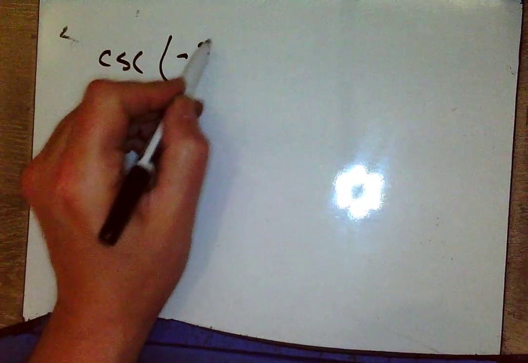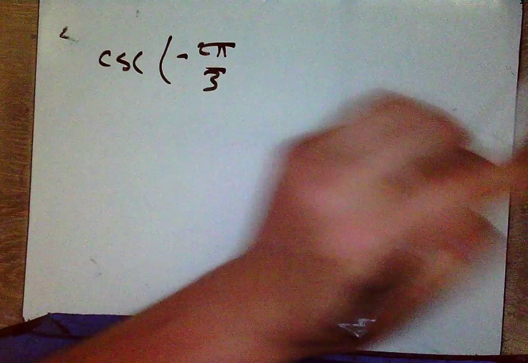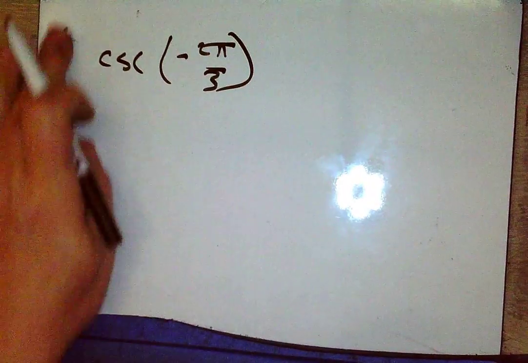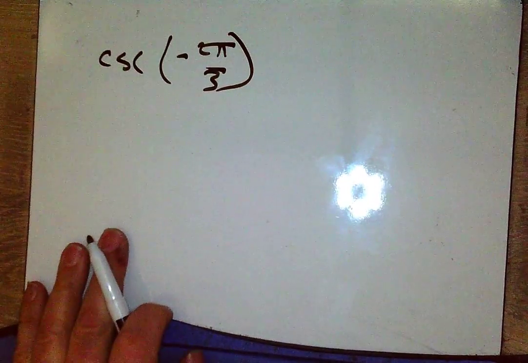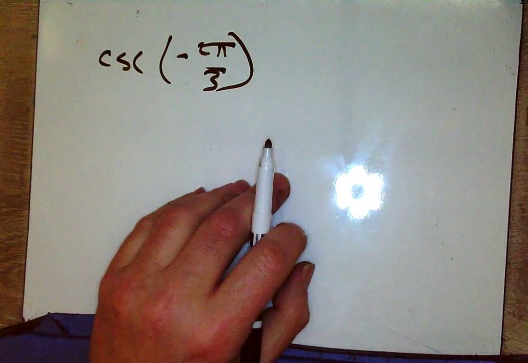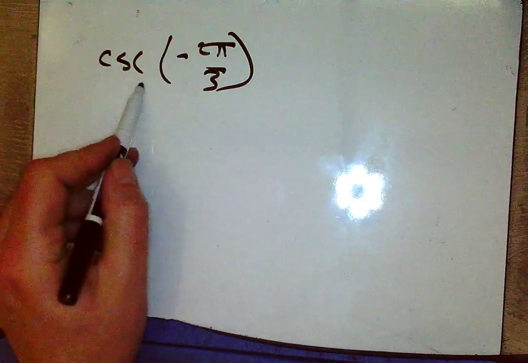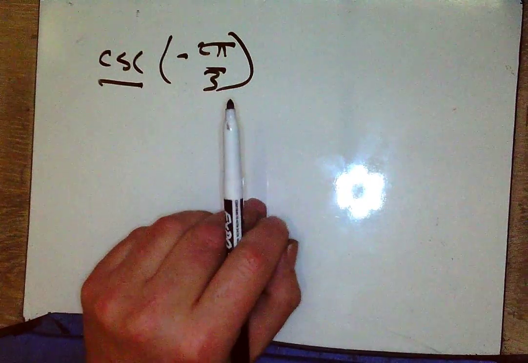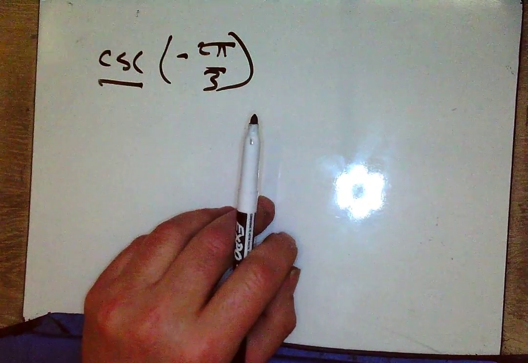So, what is that one? Cosecant of negative 2 pi over 3. Use the counting method on your unit circle, or use coterminal angles here to find what the cosecant of negative 2 pi over 3 is.